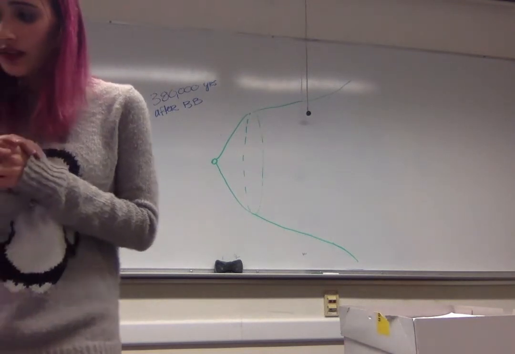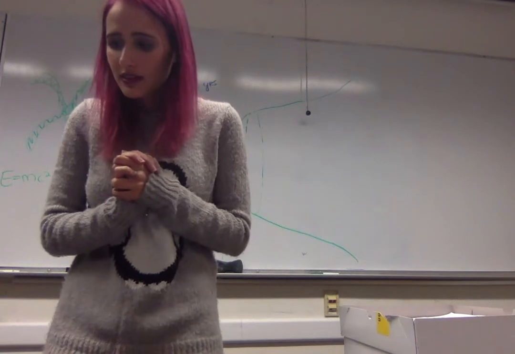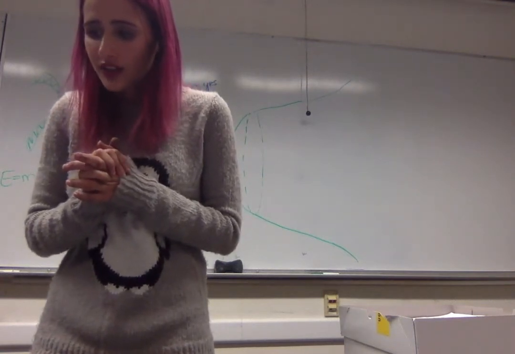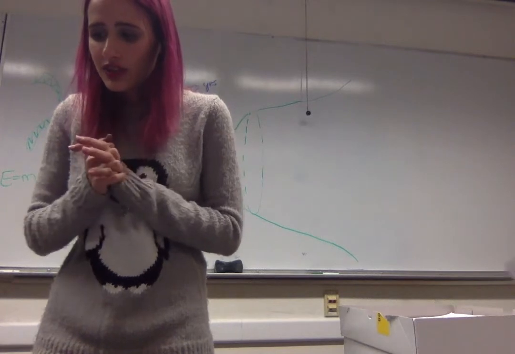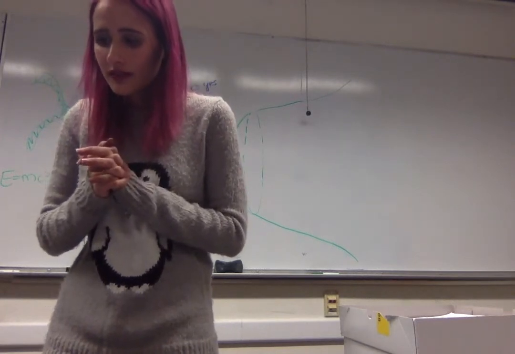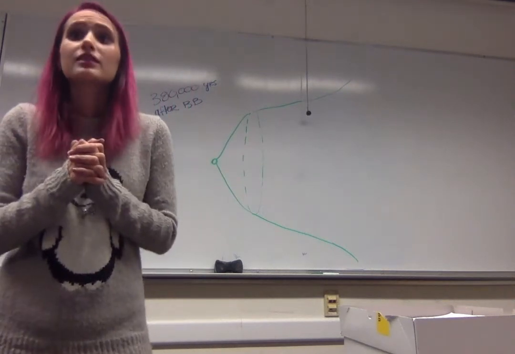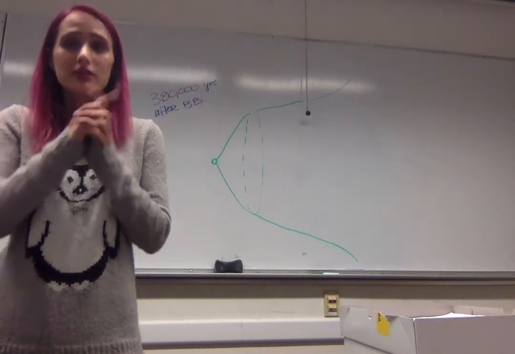What are these 4 problems? Does anyone remember any of these problems? The flatness of the universe. The flatness, right. The horizon problem, that's another one. The monopoles. And then the seeds of the galaxies.